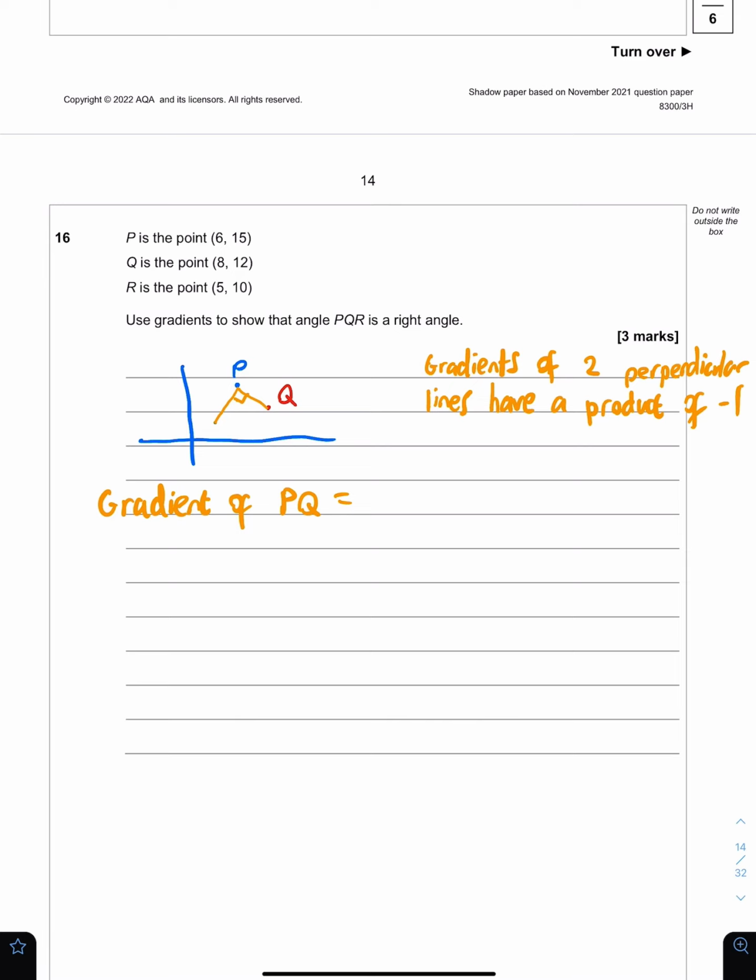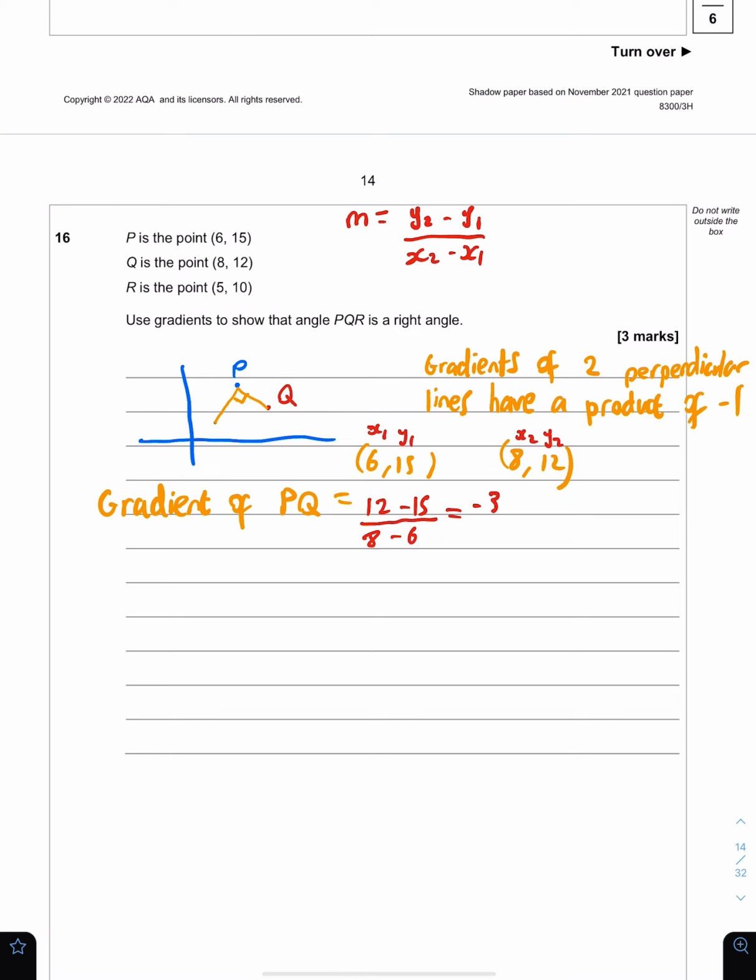So if I have (6, 15) and (8, 12), and I use my y2, y1 formula, our gradient is given by y2 minus y1, change in y, over x2 minus x1. So that's going to be, in this case, 12 minus 15 over 8 minus 6, giving minus 3 over 2.